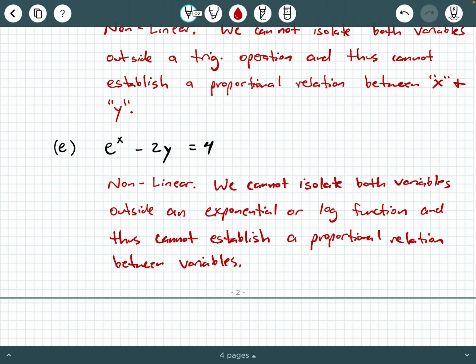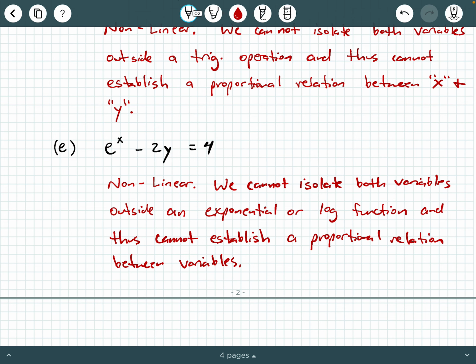And similar to equation D, we could also comment on how, because we cannot pull both of these variables outside an exponential or log operator, we can never get this equation in the standard form of a linear equation, which has the form ax plus by equals c, okay?